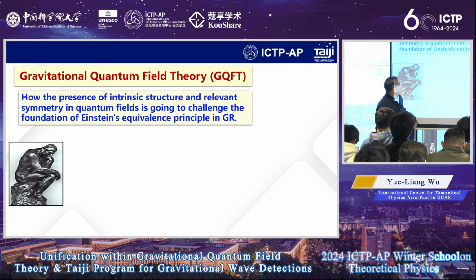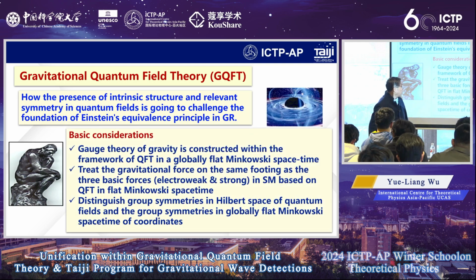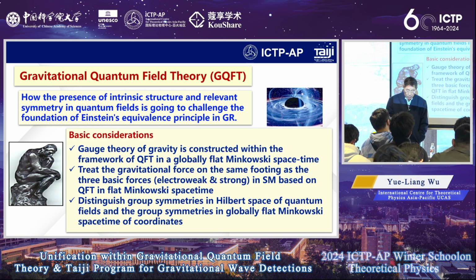Then we shall challenge Einstein's equivalence principle in general relativity, which is just from geometry, coordinates, and from mass. I mean, from point particles, the mass and energy only, not the intrinsic structure. So this is our basic consideration: start from leptons and quarks in the standard model.